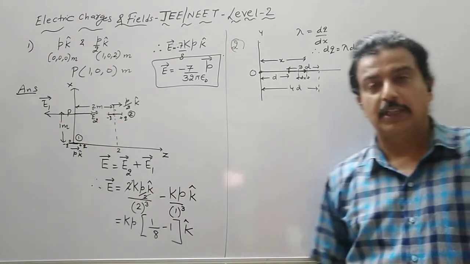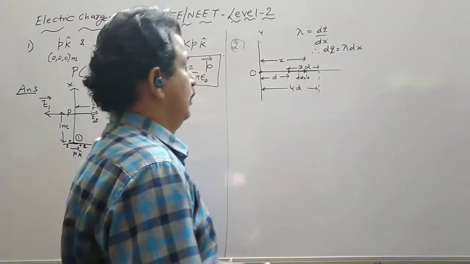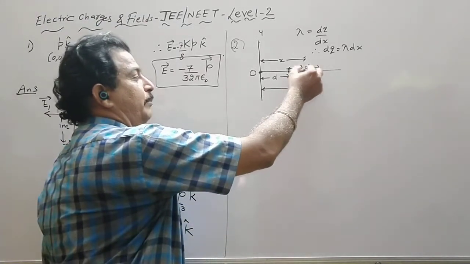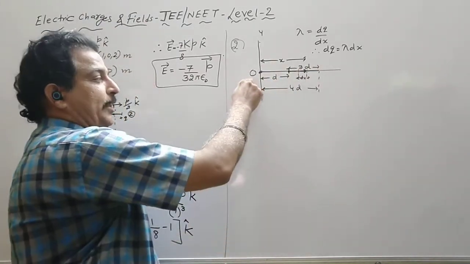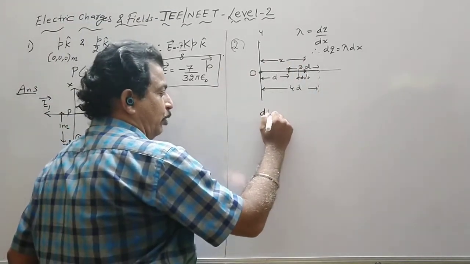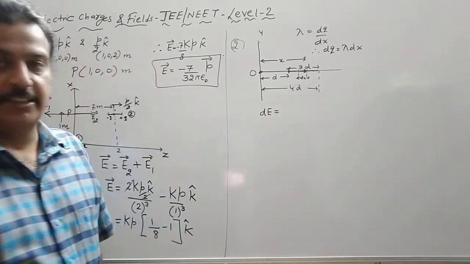Now we have to find the electric field intensity. First we will find the electric field intensity at the origin due to this element. That will be a small amount of electric field intensity, dE.